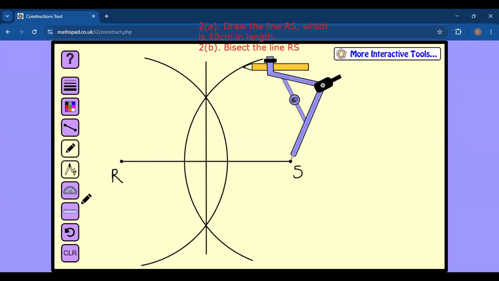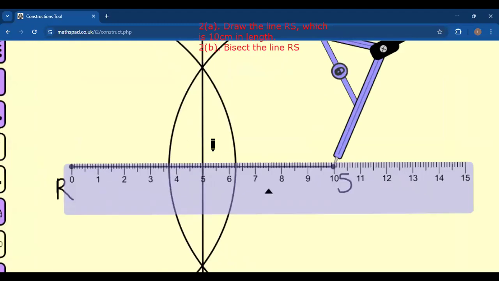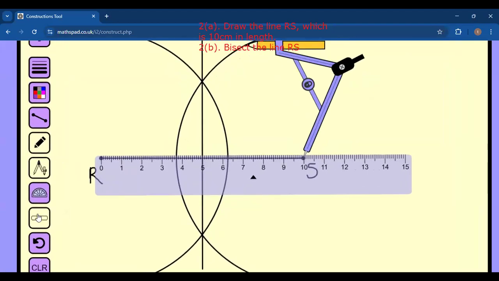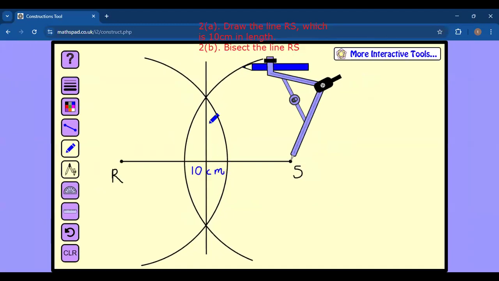Oh my gosh, I just drew a line. 10 centimeters. All right, and then let me label the line. It's going to be what? 10 centimeters. So this is 10 centimeters right now. And this is how we do it.